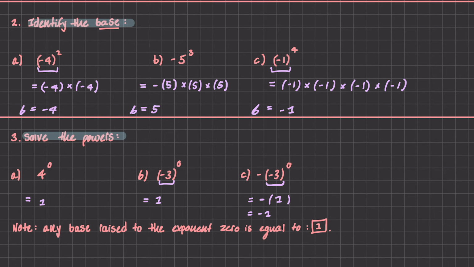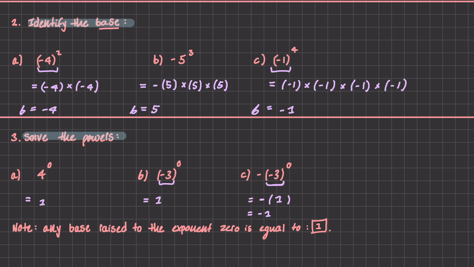This means that only the base raised to the exponent 0 is equal to 1. We still have this negative sign outside of that 1. So then we need to multiply that in, and our final answer is -1.